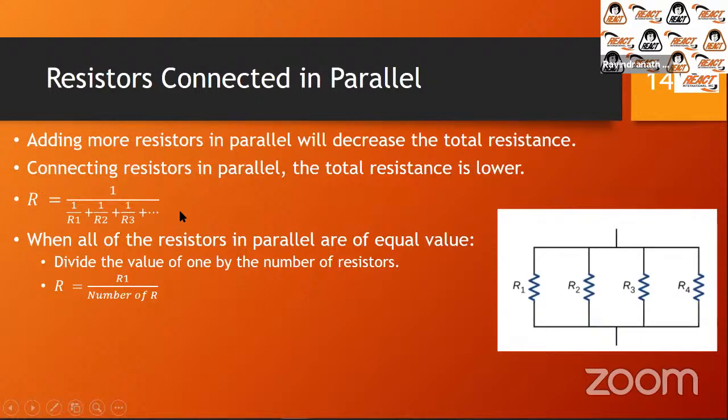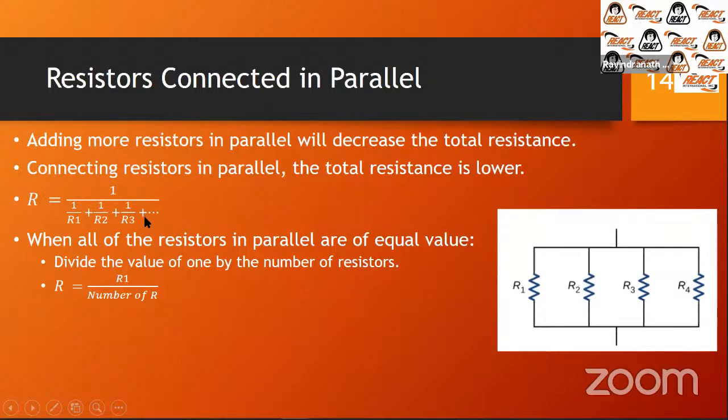If it was a fifth one, plus 1 over R5. So again, R, the total resistance, is equal to 1 all over 1 over R1 plus 1 over R2 plus 1 over R3. So whatever R1 value is in ohms, we plug it in. Whatever R2 value is in ohms, we plug it in. And so on, and we work it out.